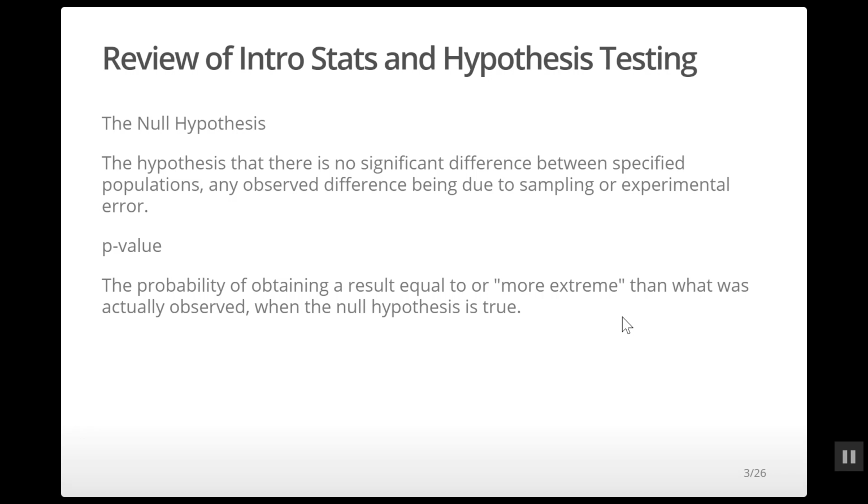Sample 1 has maybe a proportion of 30%, and sample 2 has a proportion of 35%. Well, 30% is not equal to 35%, and the question is: is that difference of 5 percentage points something unusual, or something completely mundane that could have happened just from random sampling?